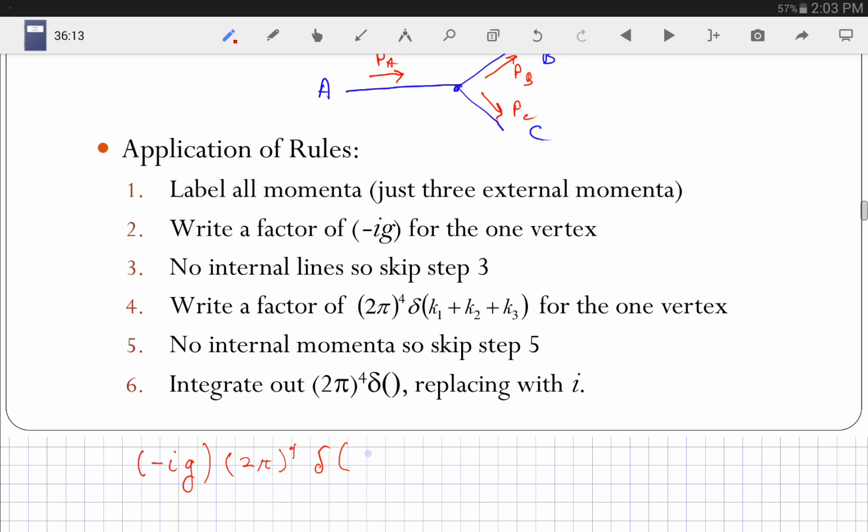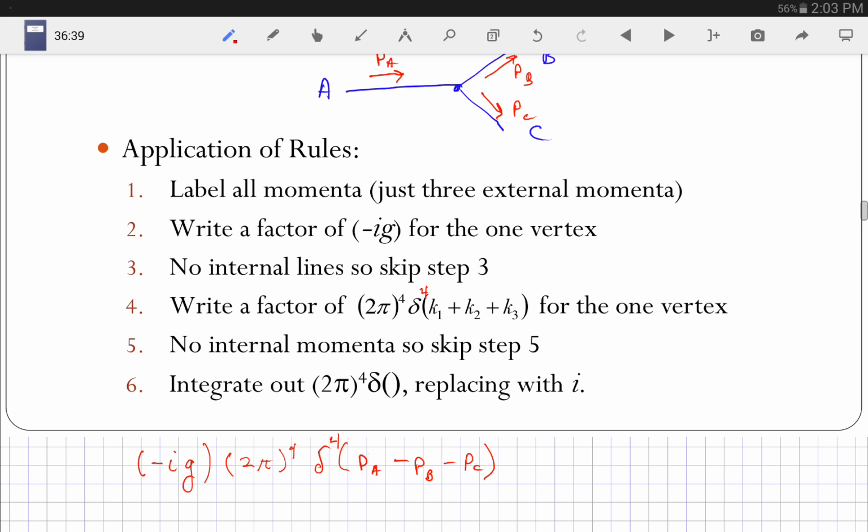A. So I'm going to have PA. The other two are leaving, so minus PB minus PC. And that's delta to the 4th.